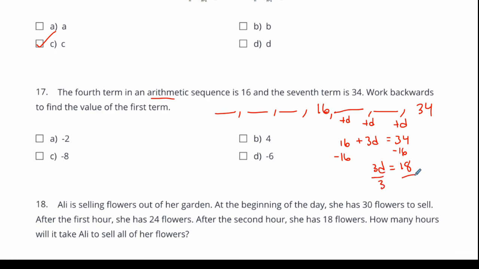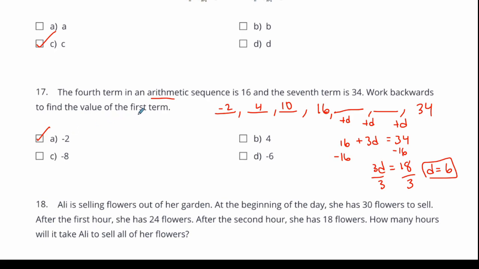If we divide by 3, that gives us our common difference of 6. So that says we're adding 6 every time, right? If I want to go backwards, I would then subtract 6. So minus 6 is 10, minus 6 more is 4, minus 6 more, negative 2.